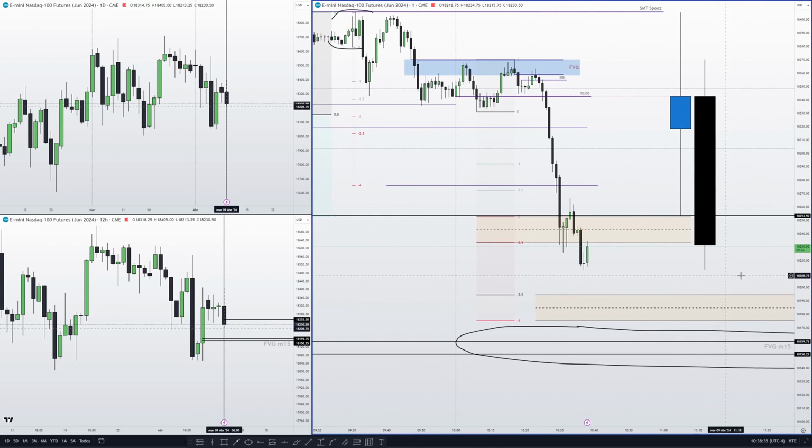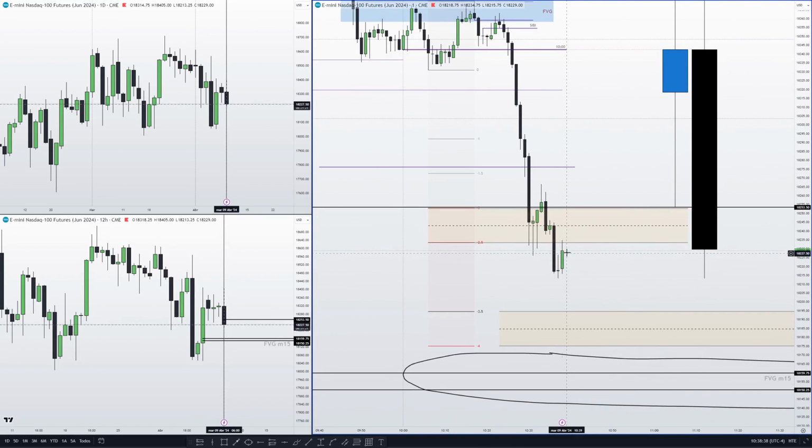Okay, close below 2.5 deviations and 1 displacement. What is this fractal? Is question.